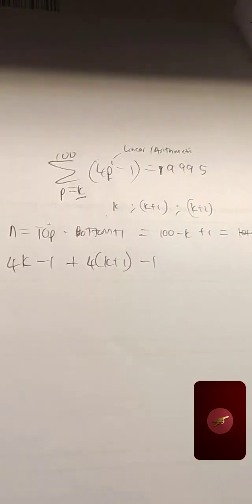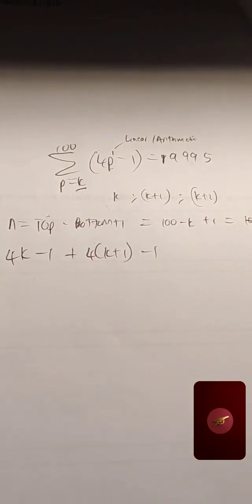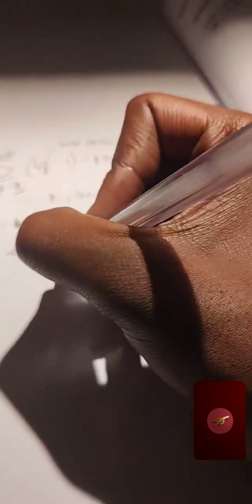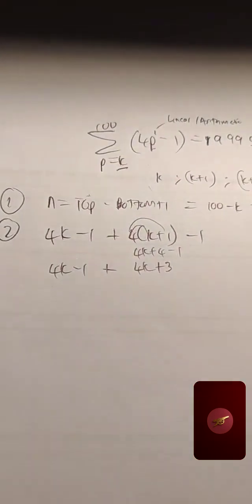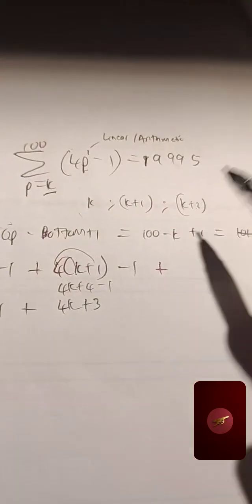Yeah, I'm with you. So in the place of p now, you substitute k plus 1 in brackets minus 1. Then you have to simplify that. 4 times k, 4 times 1, you have 4k plus 4 minus 1. That gives you 4k plus 3. That is your second. The next one, you substitute k plus 2.